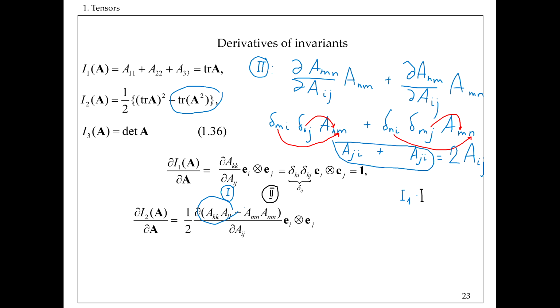So the part 2 here is minus 2 a, oh sorry, ji, of course, not ij, ji. This is important because then it makes it transpose. So this is ji. And so it's factor 2, this is factor half.